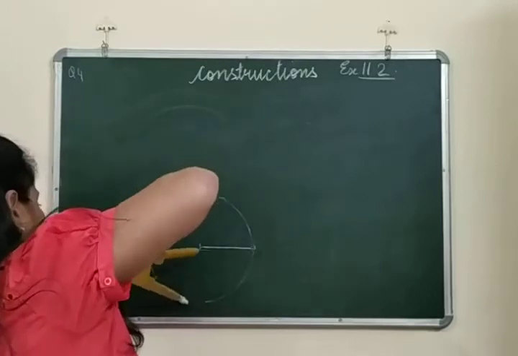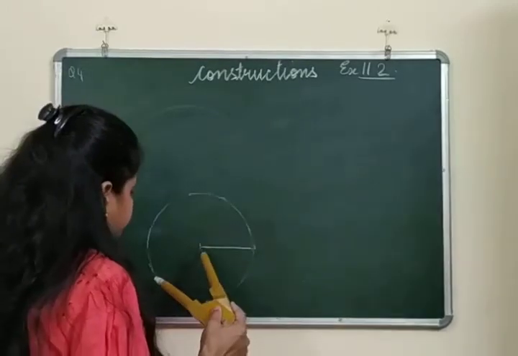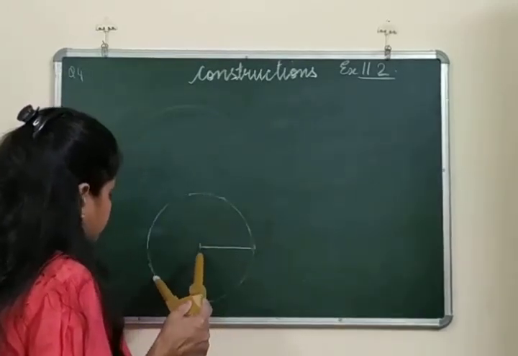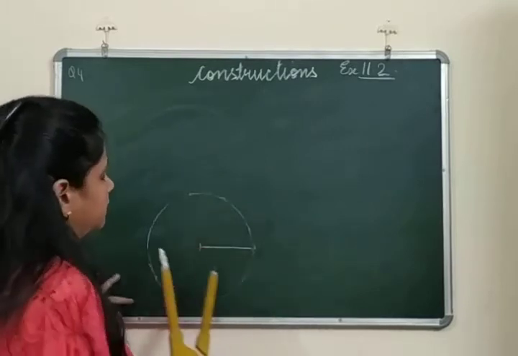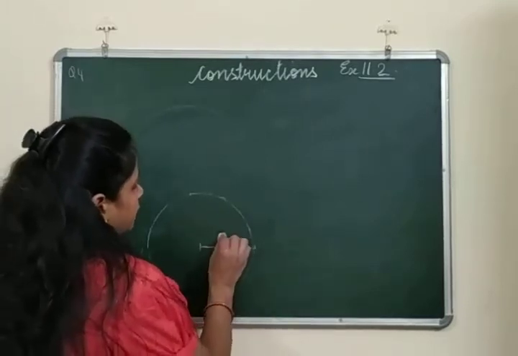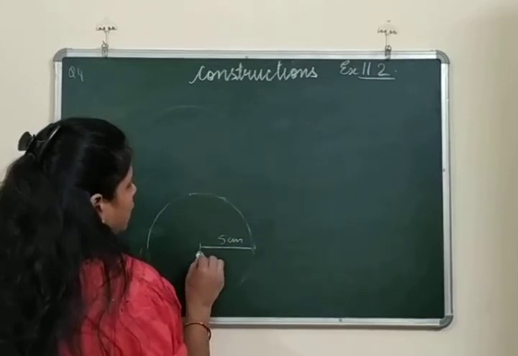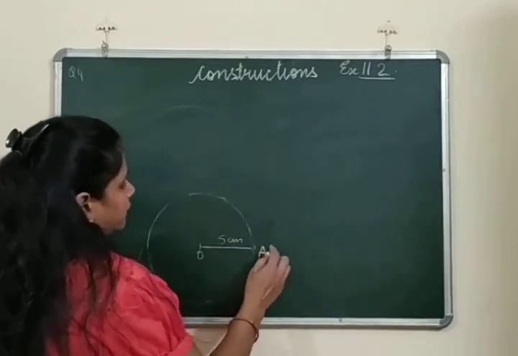Now this is the circle with radius 5. Let it be O and A, right?